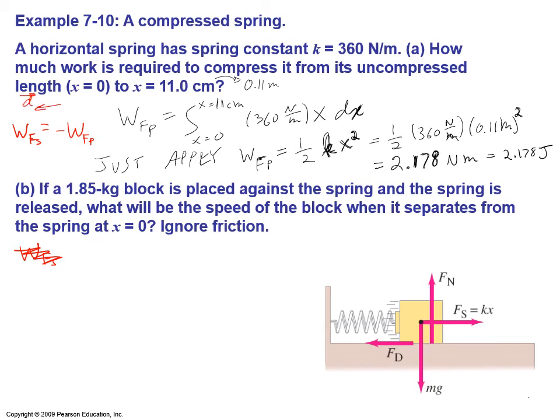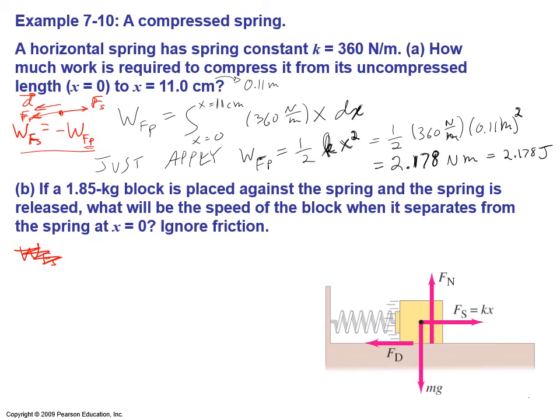The displacement vector goes this way, but the force of the person, Fp, is in this direction, whereas the force of the spring is equal and opposite, in that direction. So the only difference between Fp and Fs is that they point in different directions, in other words, there's a minus sign on the force. So the work done by the spring is equal to minus the work done by the person.